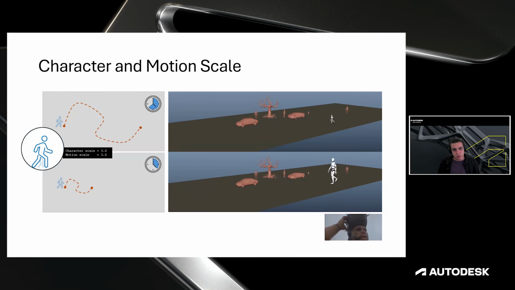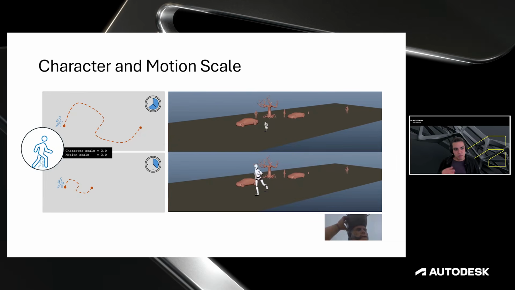So a parameter that we're introducing is the motion scale. With this, we're adjusting the time that the ML model has to generate motion. What we're doing is generating more or fewer frames, and resampling the frames generation in time.